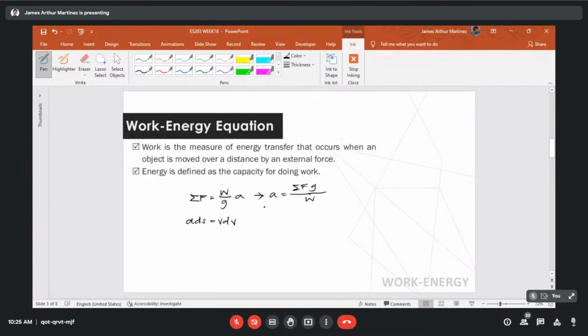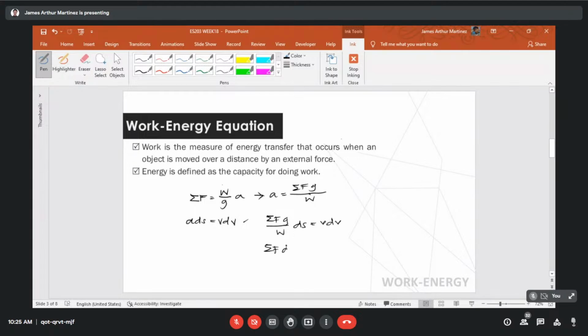And substituting this expression of acceleration in our second equation, this will be summation of forces, gravity over weight, ds equal now to v dv. Then I will simplify it.